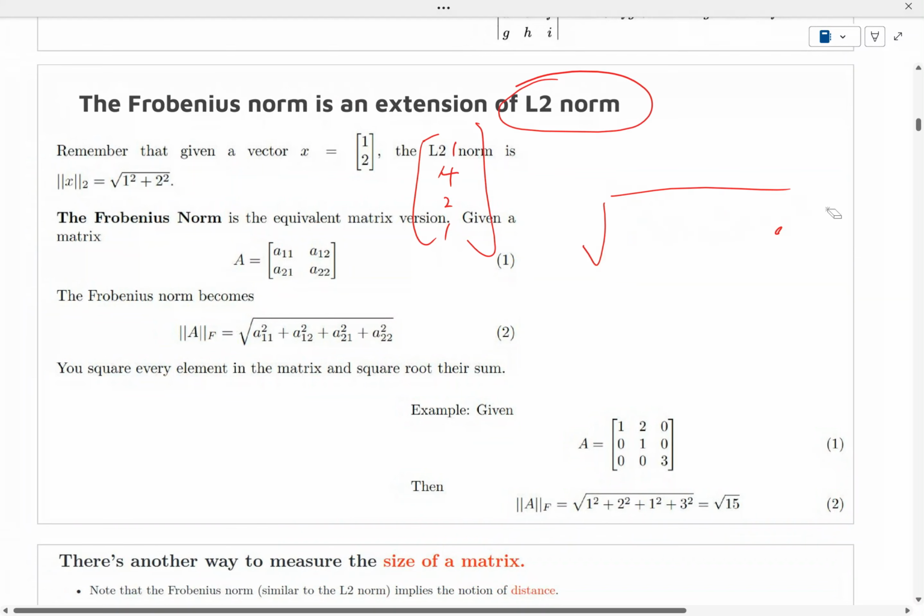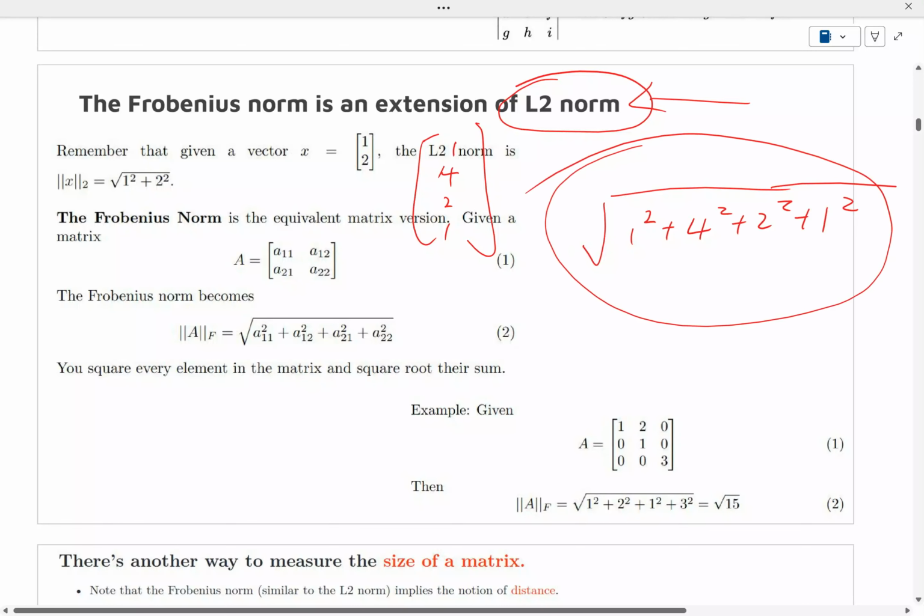So that's how the L2 norm works. The Frobenius norm extends this idea to matrices. Instead of using every single number in a vector, we're going to use every single number in the matrix. So it's just an extension of the L2 norm. The L2 norm is easy to get.